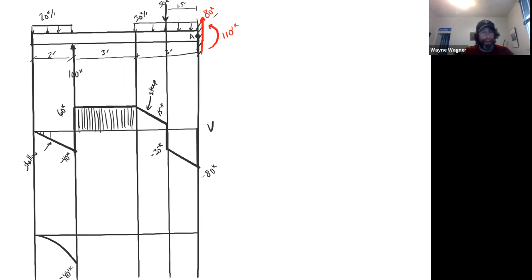Okay, so 180, I'm going to add that to the negative 40, and I'm going to end up at 140, which is a pretty big number. So I'm going to try to draw this pretty big, but I don't want to go as big as where 140 should be because I don't have that much space. So we were at negative 40, and I went up to 140 foot kips, because I added that 180, which was the area of that rectangle.